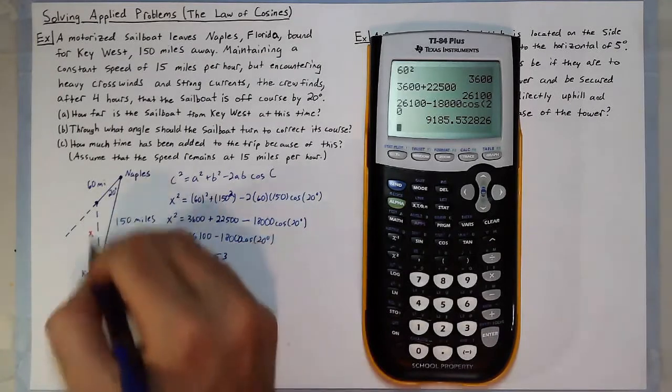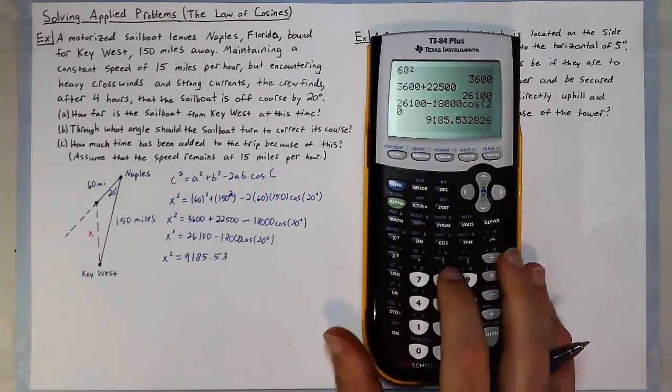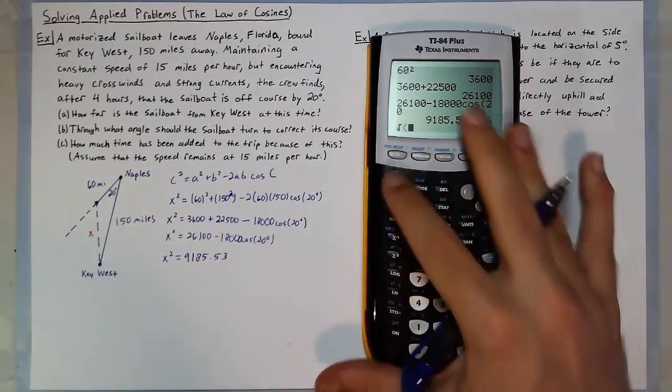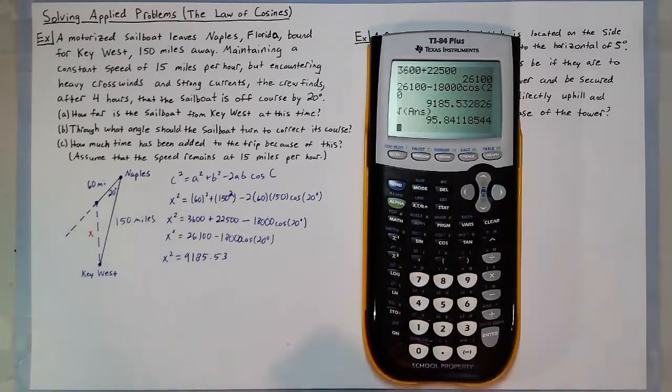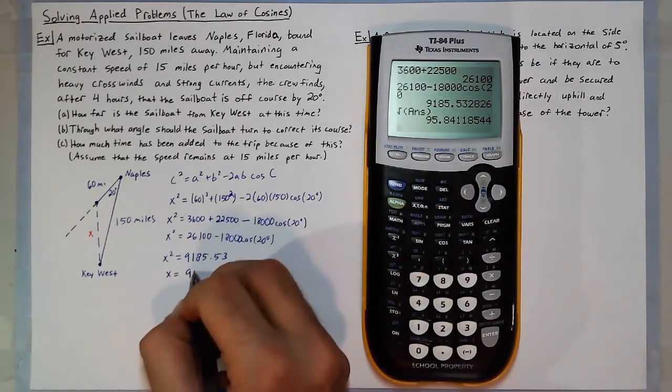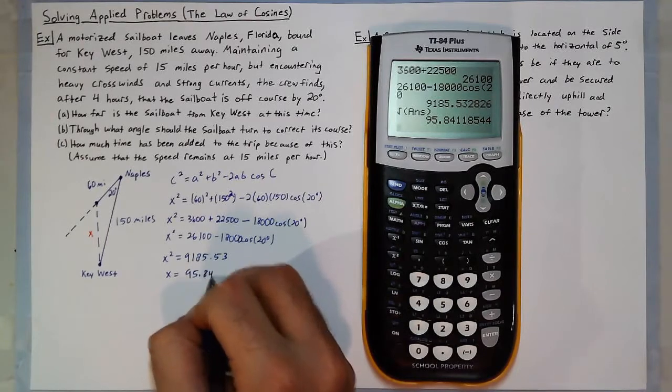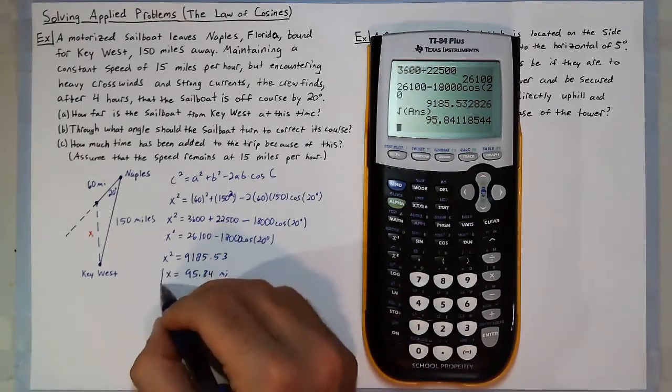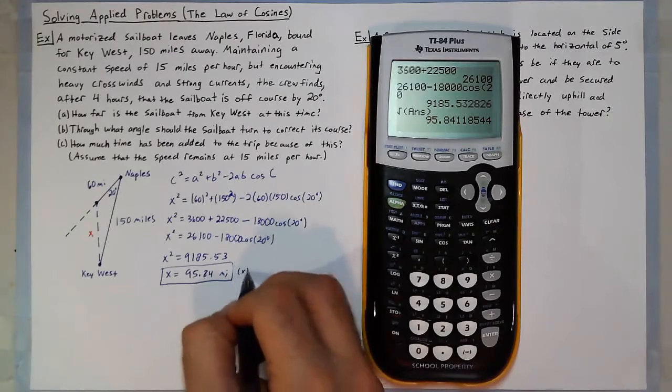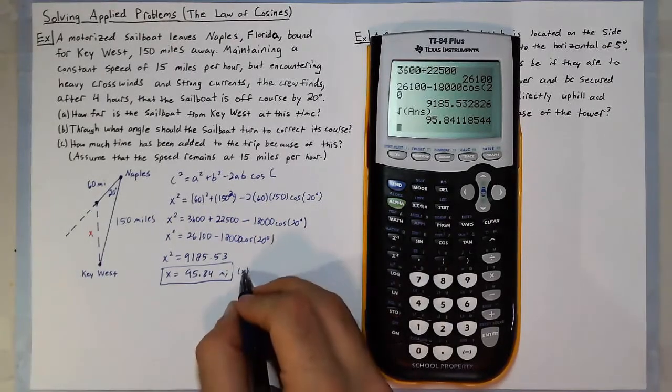And to find the distance, I just need to take the square root of that number. So the square root of that gives me x is equal to 95.84 miles for part A. So that's how far they are from Key West now.